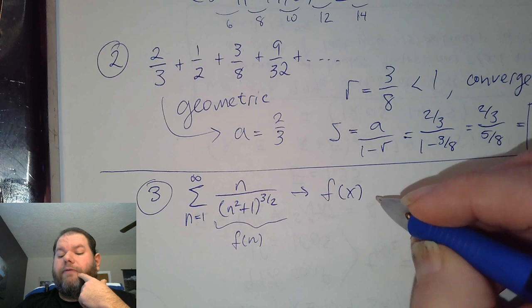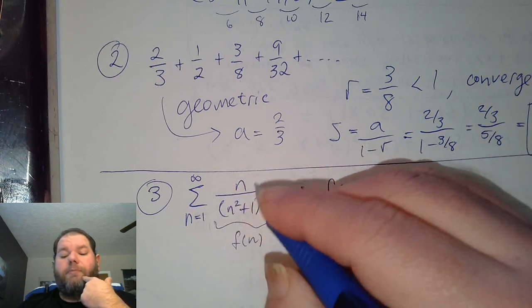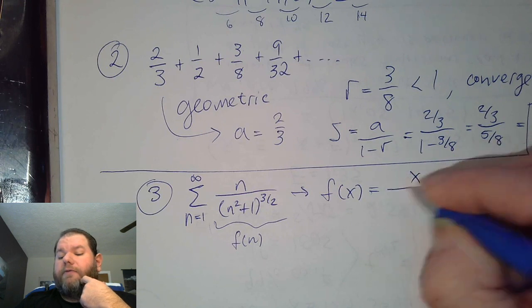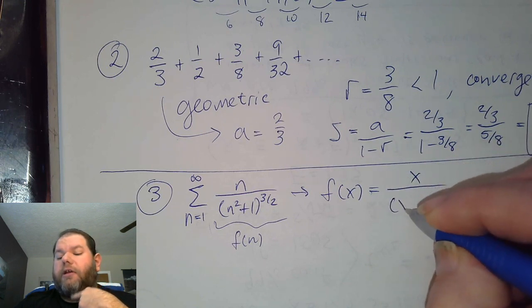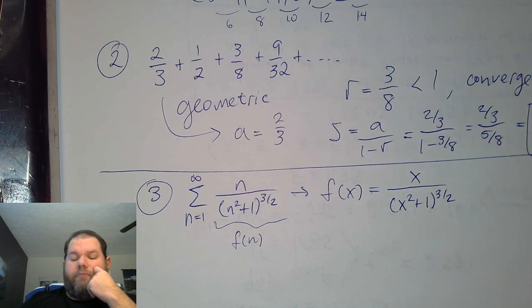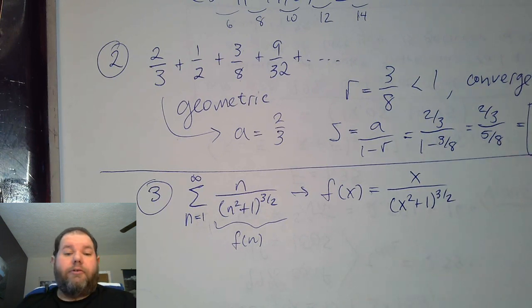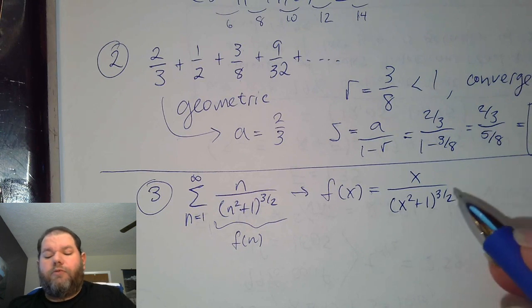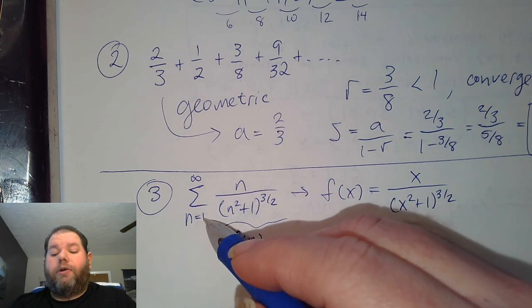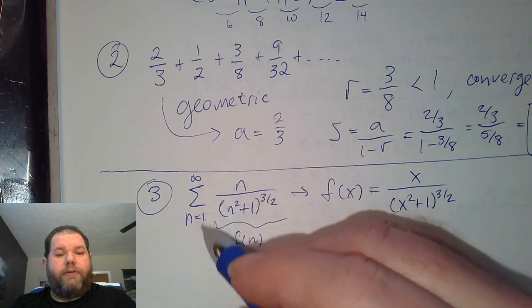So our function f of x would just be the same expression but with x instead of n. So x over (x squared plus 1) to the 3 halves. So our integral test says that we want to integrate this function f of x from 1 to infinity, matching what's on the summation.